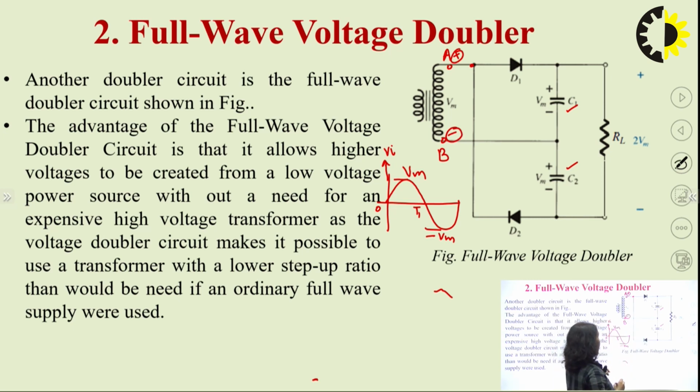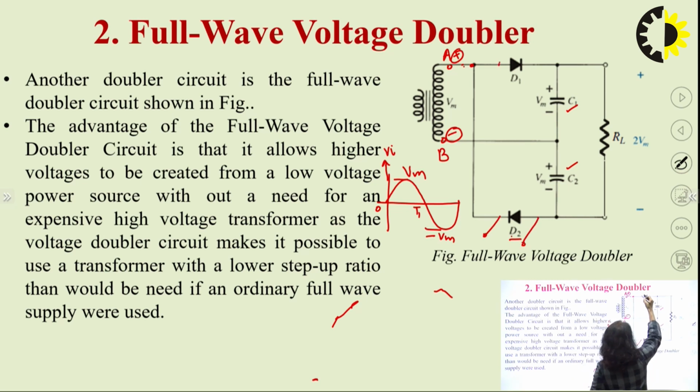Because of that, diode D2 will be non-conducting, whereas diode D1 will be conducting, because initially all the capacitors are in a discharged position, and this positive will make diode D1 forward bias and diode D2 reverse bias. So, this is open, whereas this is short circuit.